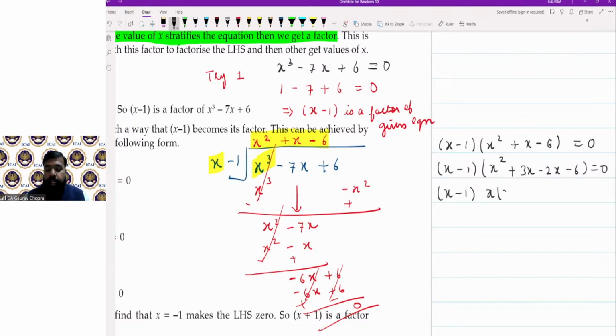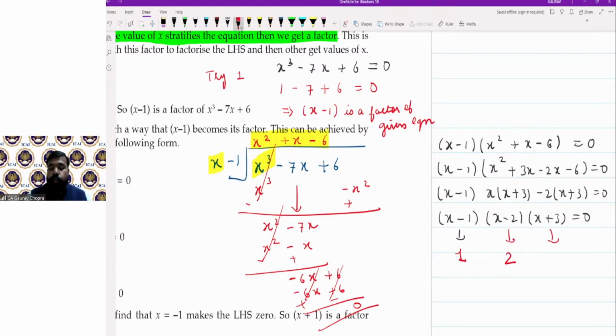So what will come common? (x plus 3) minus 2 (x plus 3) equal to 0. So overall these are the values. From here we can get the value of x as positive 1, then positive 2 and negative 3. So these are the three values of x.